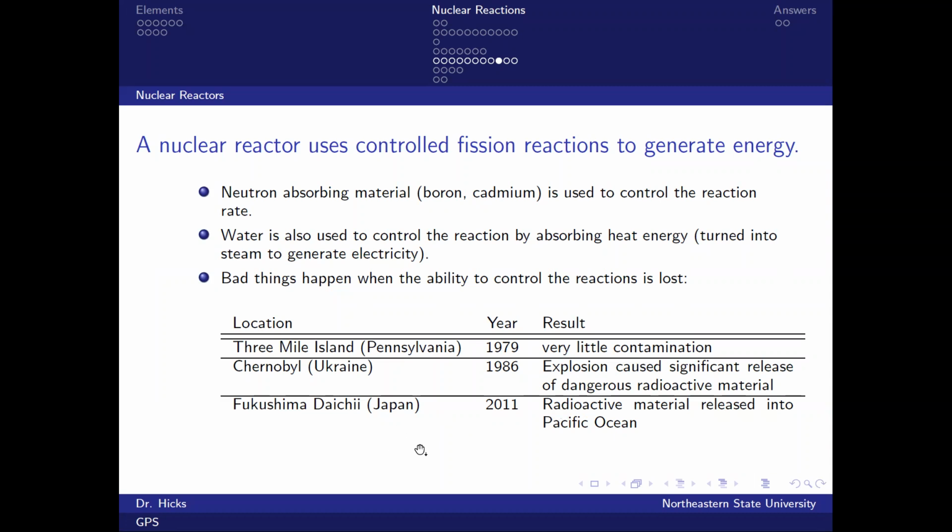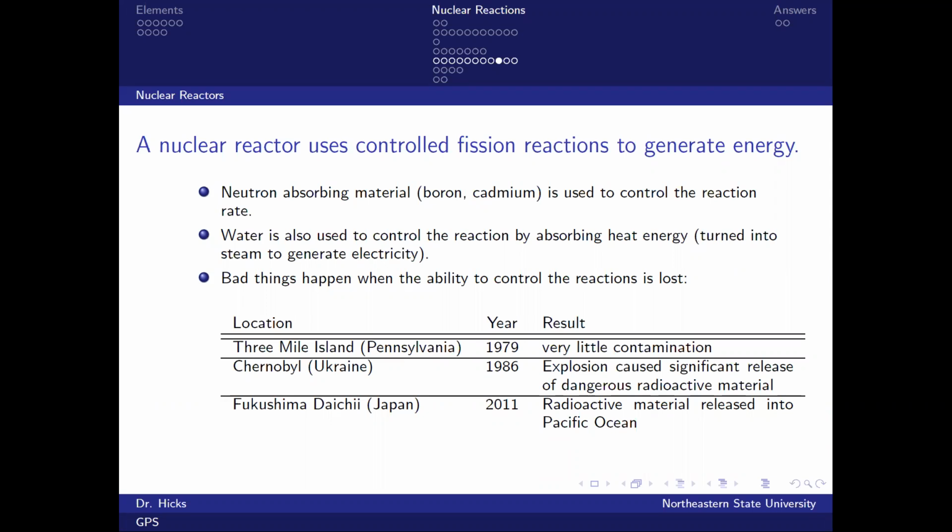Now, more recently, the Fukushima Daiichi reactor in Japan, when the tsunami hit, that one was really bad because they lost power. The nuclear power plant lost electrical power and they could not stop the reaction, which seems ridiculous, but that's what happened.